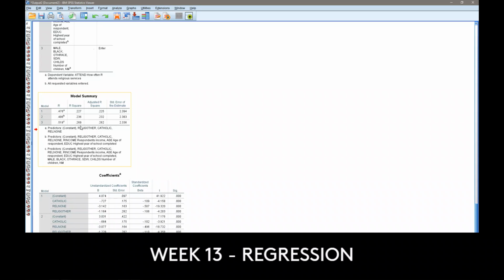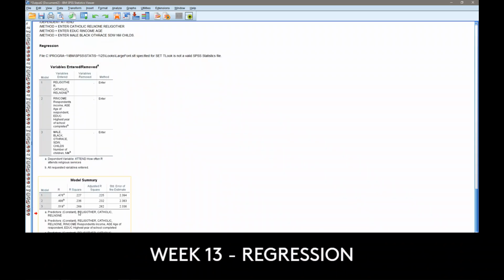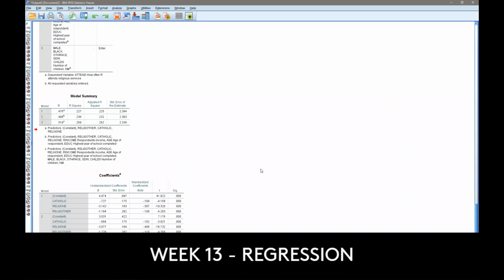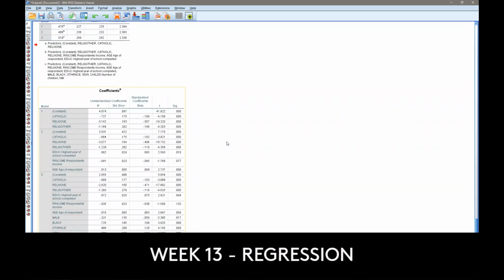Okay, so this means that model 3, which includes all of these variables, does a much better job of explaining the changes in religious attendance than a model that has a fewer amount of control variables. So again, your R square always needs to get larger as you add more variables. That's how you know that you're going in the right direction, that you are adding the correct variables to explain the outcome variable.